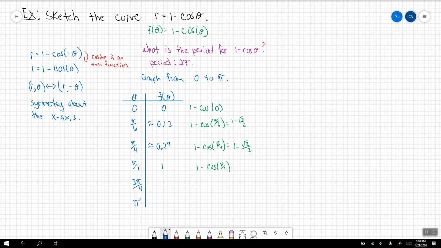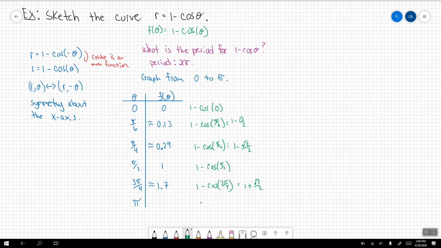At 3 pi over 4, we substitute in that value, so that's going to be 1 minus cosine at 3 pi over 4. Cosine should be negative here, which means we should get 1 plus root 2 over 2, which is about 1.7 as an approximation.